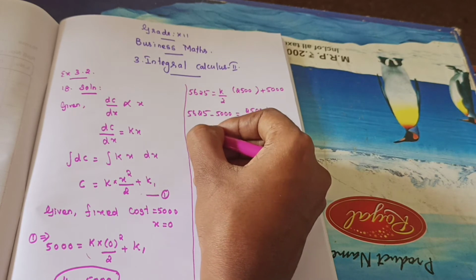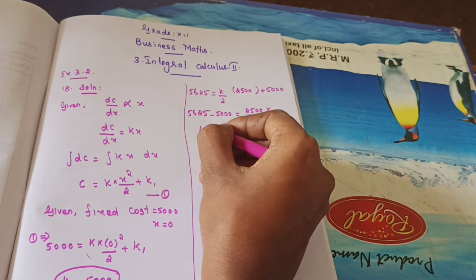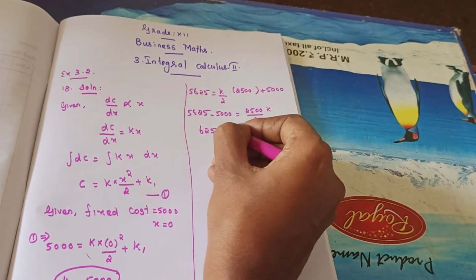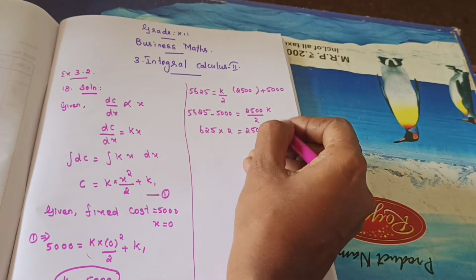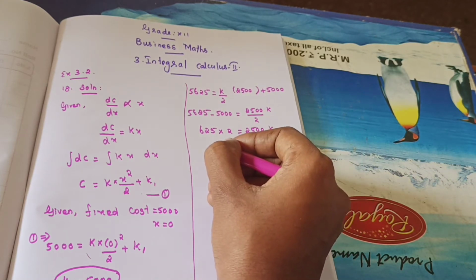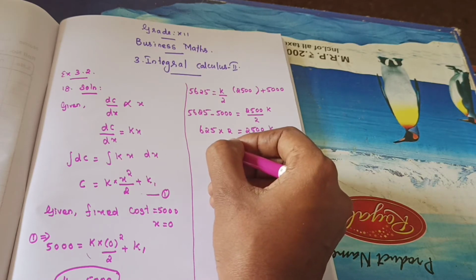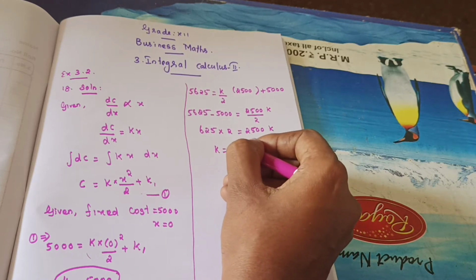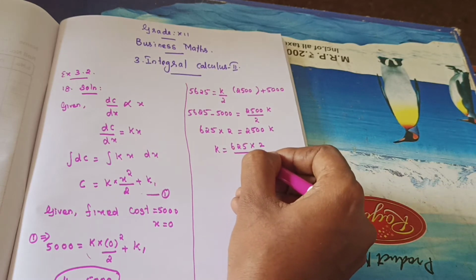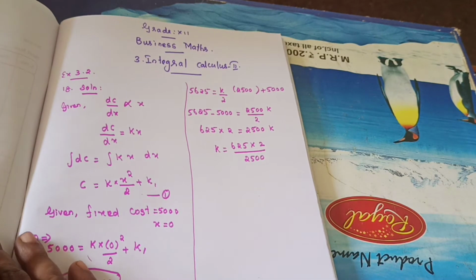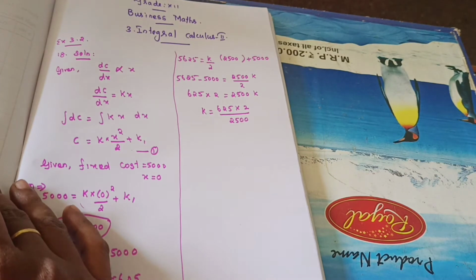That is 625. Bring this 2 here, into 2, equal to 2,500 k. So k is equal to 625 into 2 divided by 2500. Now we can simplify.